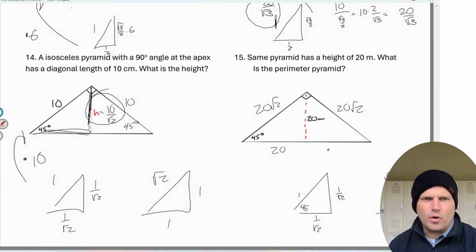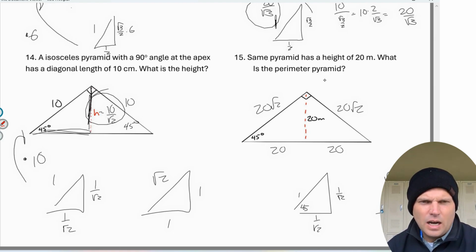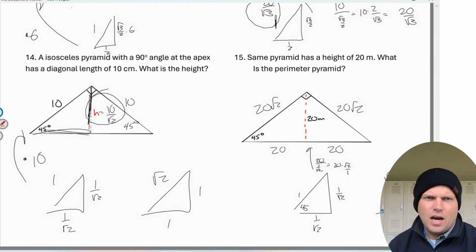And this would be 40. You could also figure out that the scale factor for this triangle is 20 divided by 1/√2, which is 20 times √2/1. So it's 20√2 as the scale factor.